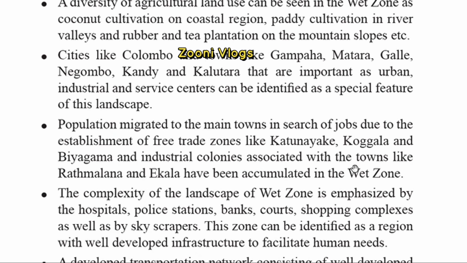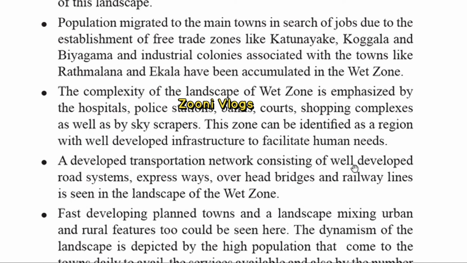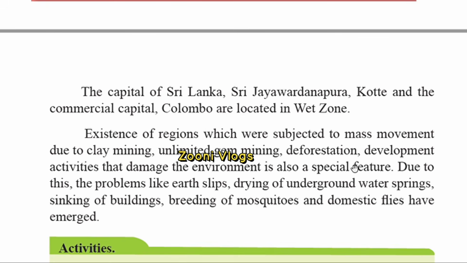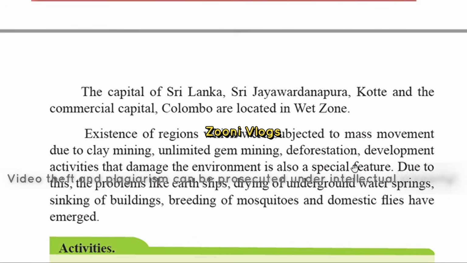There is a lot of population. People are destroying the beauty, especially through unlimited gem mining, deforestation, clay mining, and making skyscrapers, and breeding of mosquitoes can be seen in these areas.